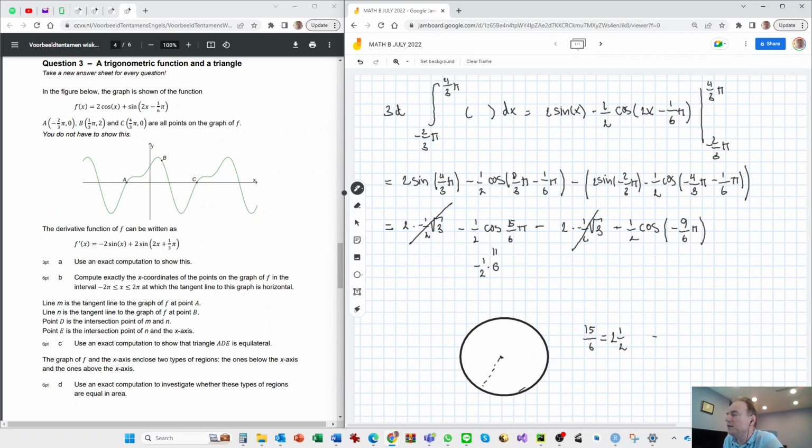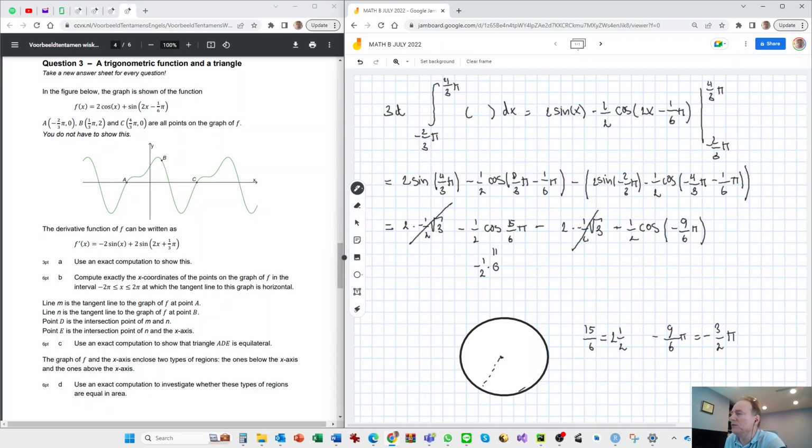And minus 9/6 pi, simplified, is minus 3/2 pi. Well, what's that? That's minus pi, and then another minus 1/2 pi.